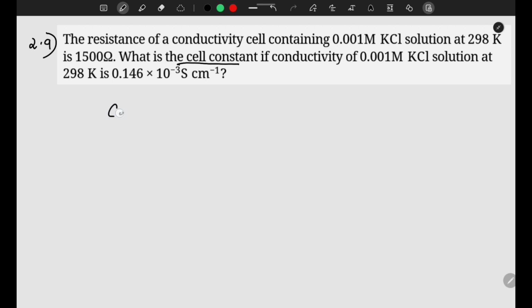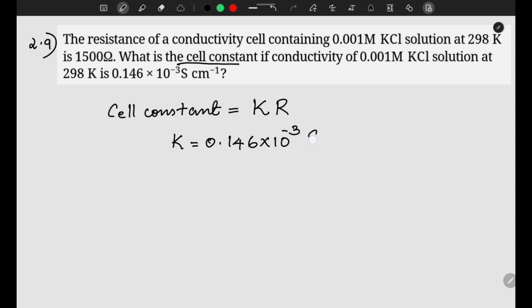Cell constant is equal to conductivity into resistance. Here conductivity is given as 0.146 into 10 raised to minus 3 Siemens centimeter inverse, and resistance is given as 1500 ohm.